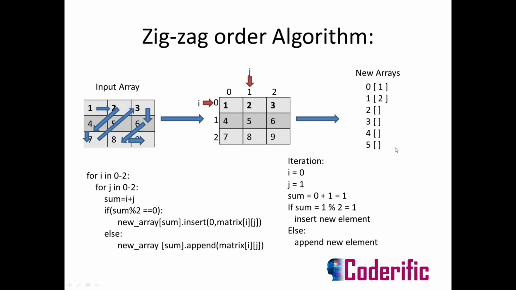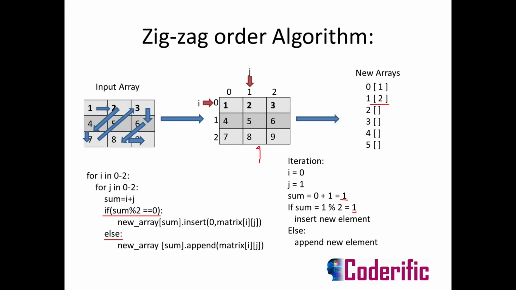Next iteration, j is equal to 1 and i is still 0, because we are iterating through each column. When we update the sum variable by adding i plus j, j's new value is 1, so the sum becomes 1. 1 remainder 2 is 1, which is not true for this if condition, so we jump to the else block. Here we say that in new array of sum, which is 1, we append matrix of ij.